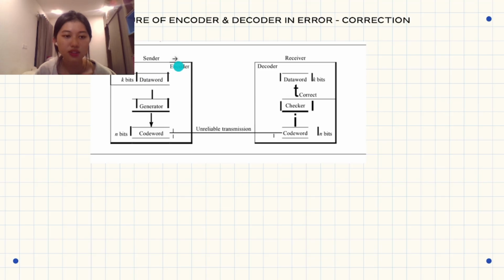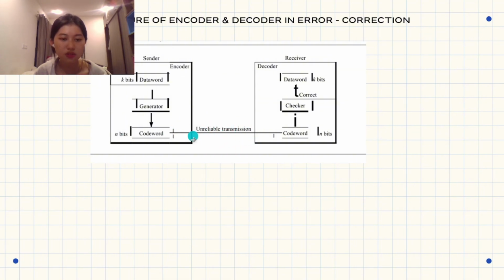We have two sides, the sender and the receiver. On the sender side, the input is k bits, here it will be 8 bits, and the data goes to the Hamming generator, which creates 4 parity bits from the data bits, and combines these parity bits with the data bits to create n bits, and then sends them to the unreliable transmission.